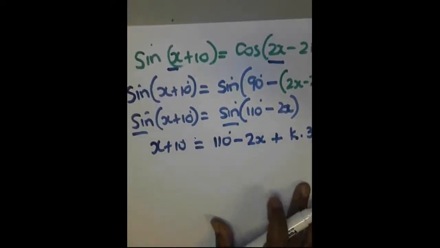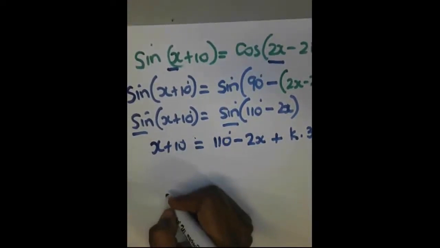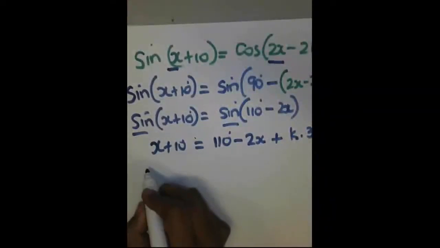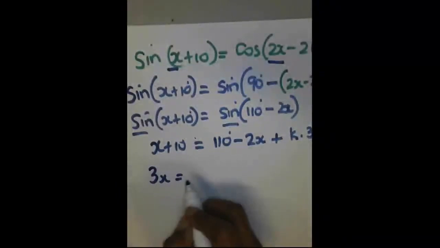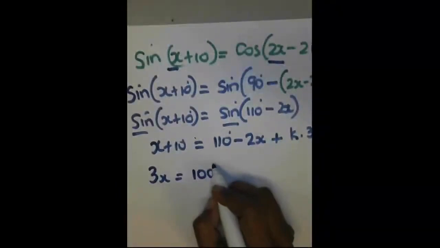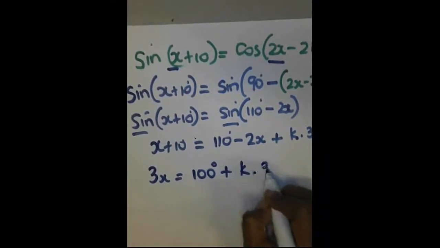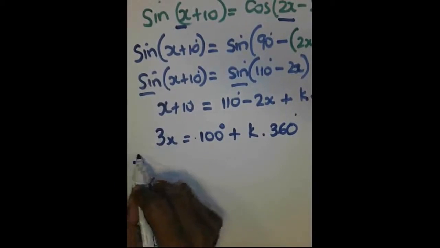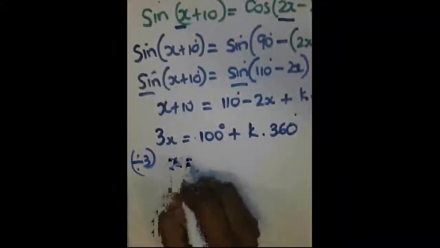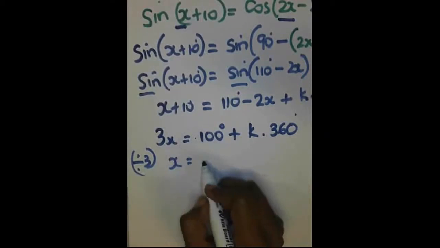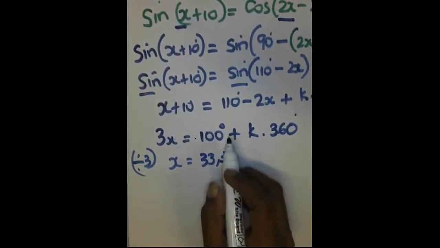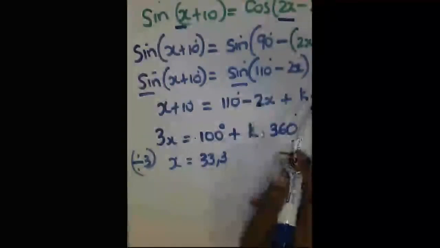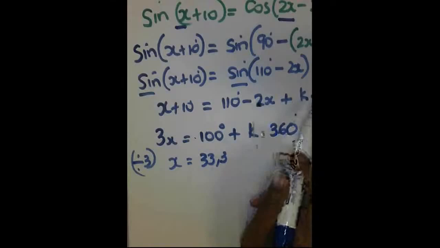Or, so I can solve now. So this becomes 3x is equal to 100 degrees plus k times 360 degrees. So I'm solving just for x. So divide by 3, and x would be equal to 33.3, okay? Is it plus k times 360 degrees?